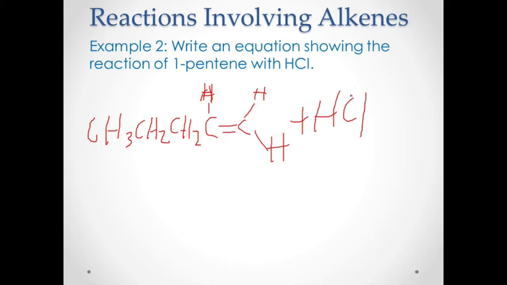So you notice that 1-pentene is actually unsymmetrical. So to get the product, if you have an unsymmetrical alkene, then you have your major product and a minor product. So the major product will follow Markovnikov's rule so that this carbon, which actually contains two hydrogens, and that carbon contains only one hydrogen. So therefore, this hydrogen would be added there to form the major product and the Cl would be added there.